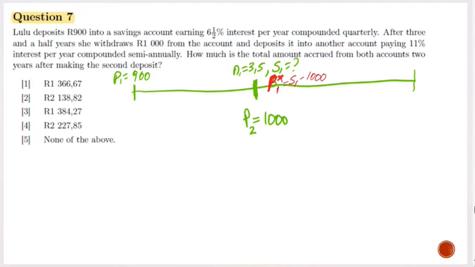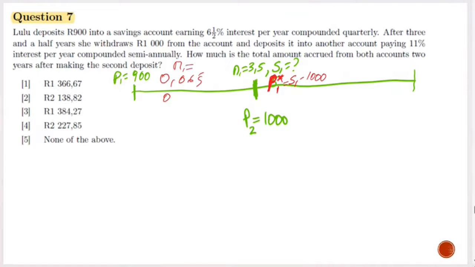What is happening on the old account? She's going to accumulate money. The percentage here is going to be 0.065. This is your N1.